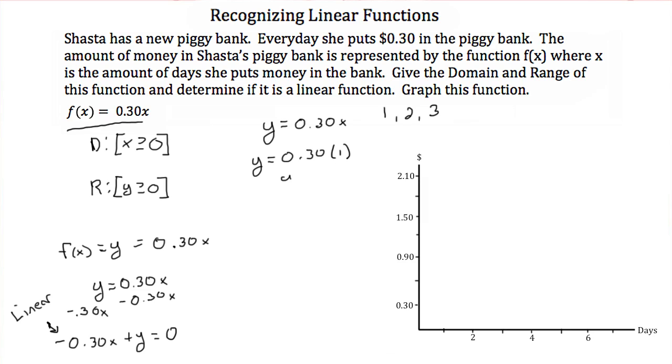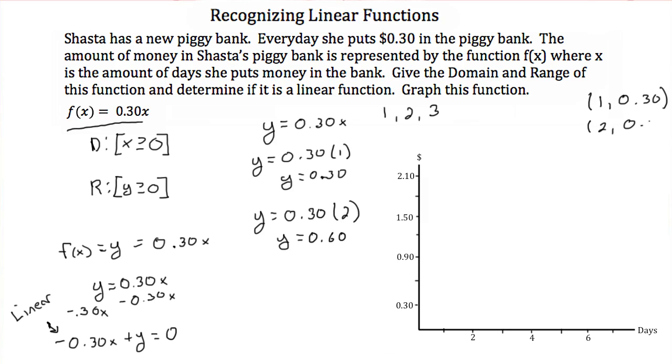So y is equal to 0.30. So our first point that we're going to graph is (1, 30 cents). Let's try 2. y is equal to 0.30 times 2. So then y is equal to 0.60. So our next point will be day 2 and 60 cents.